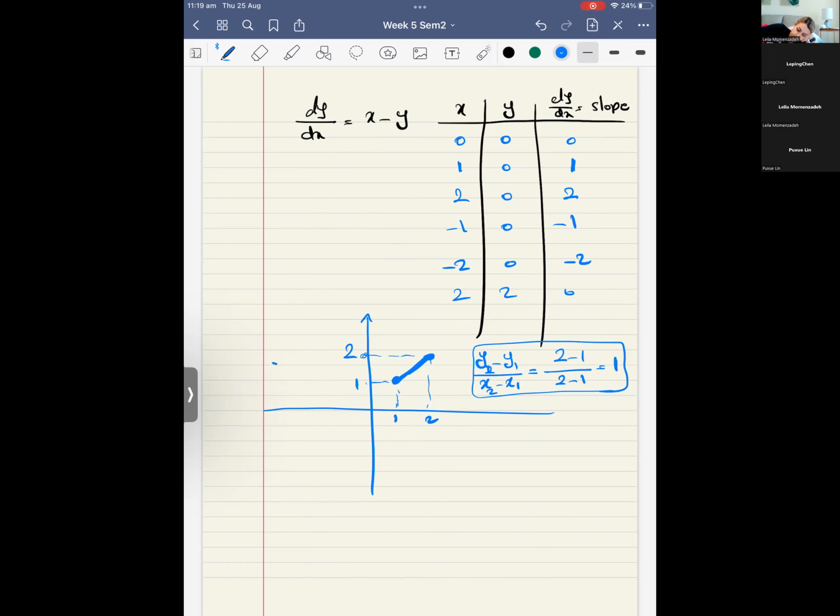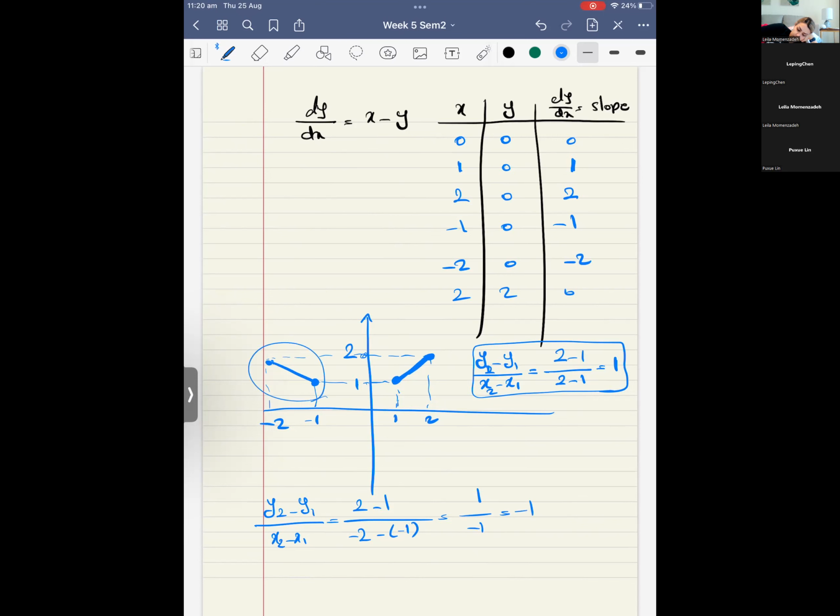Now, if I choose these 2 points, again, -1, -2. Now, y2 minus y1 over x2 minus x1. y2 is 2 minus y1, 1, over -2 minus -1, which is 1 over -1, which is -1.